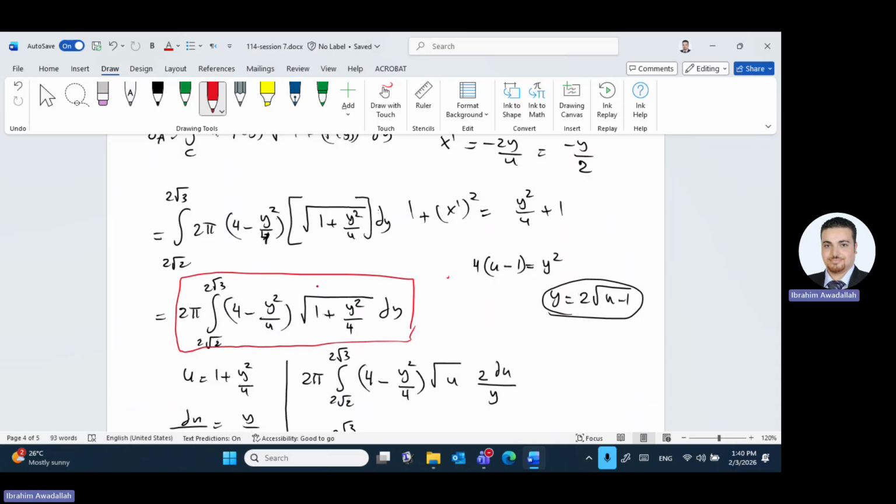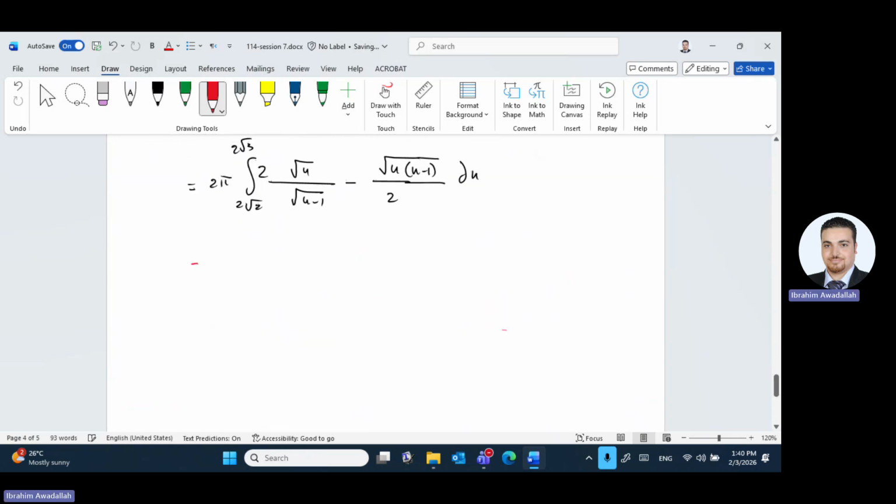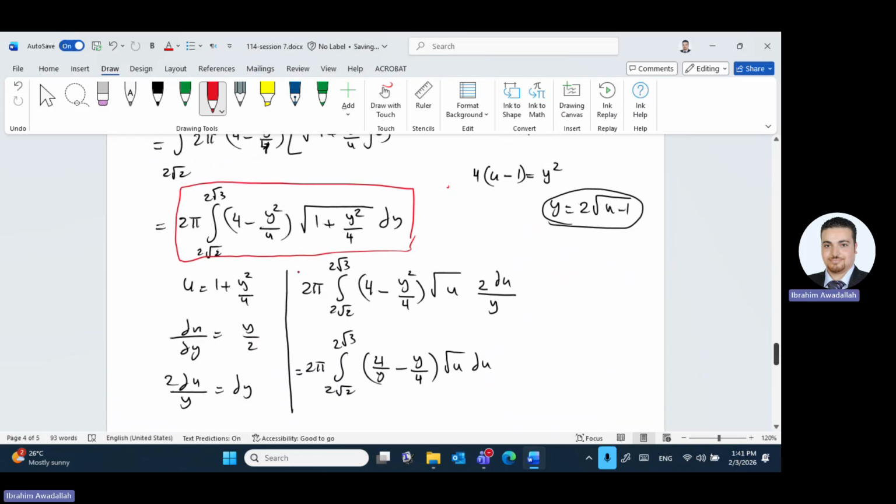I think the calculator needs time to do this integration, but the final answer will be 11.207. Okay, from here maybe we can save your time and say 11.207.